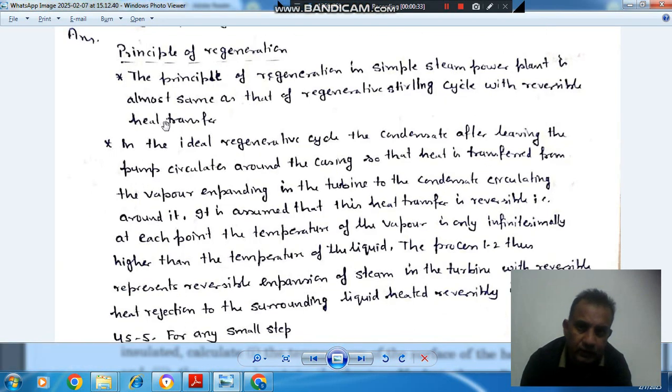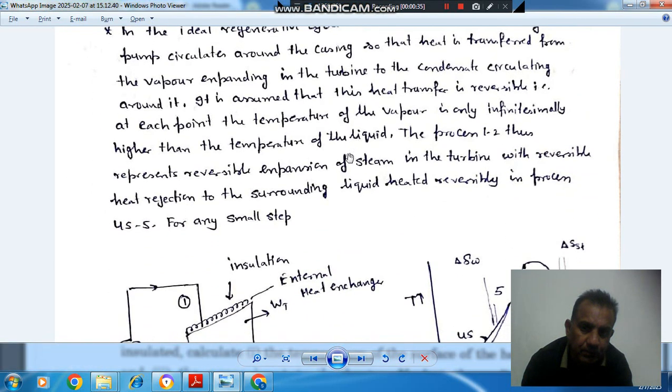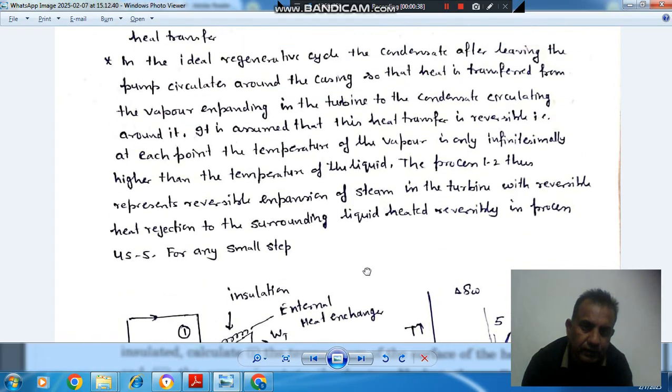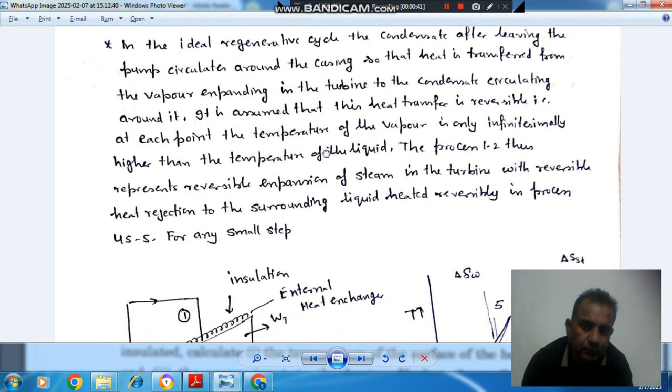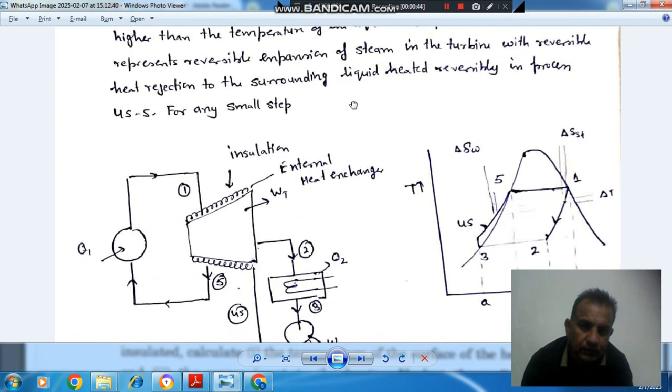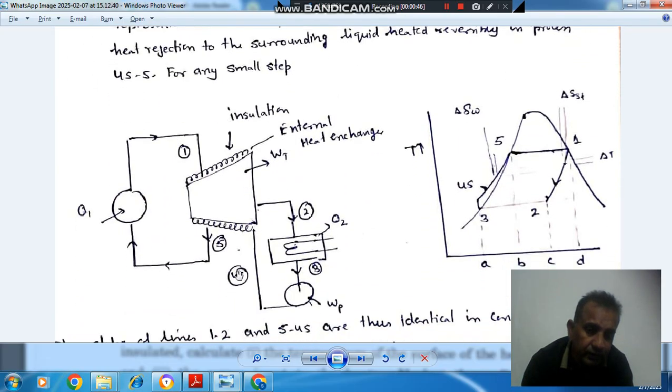The principle of regeneration in a simple steam power plant is the regenerative Stirling cycle with reversible heat transfer. So this is the regenerative schematic diagram.